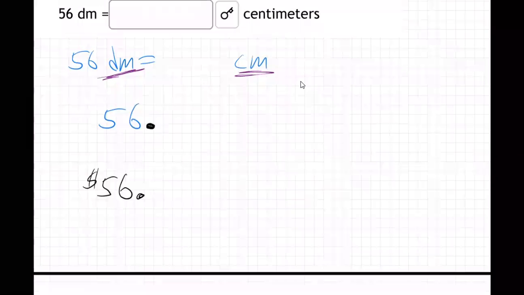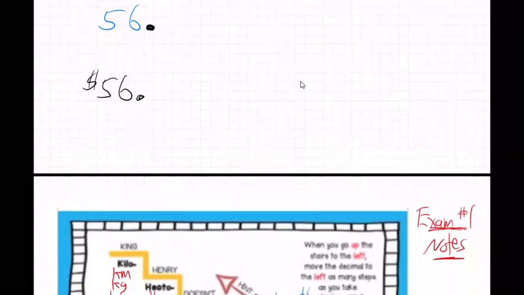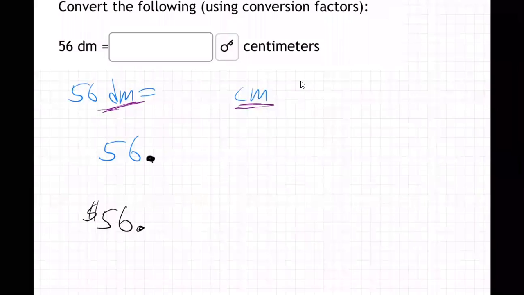And what are we supposed to do? We're supposed to go one jump to the right to get from dm to cm, decimeter to centimeter. We're going down the staircase, which means our units are getting smaller. Going one jump to the right, which means you take the decimal and go one jump to the right. And when you do, you bring in a 0, and there's where the decimal ends up.